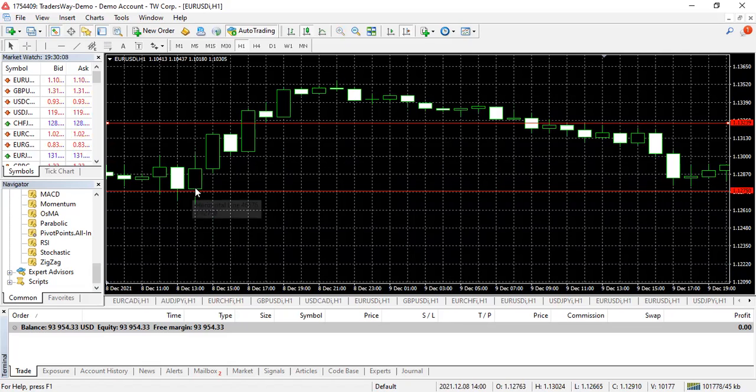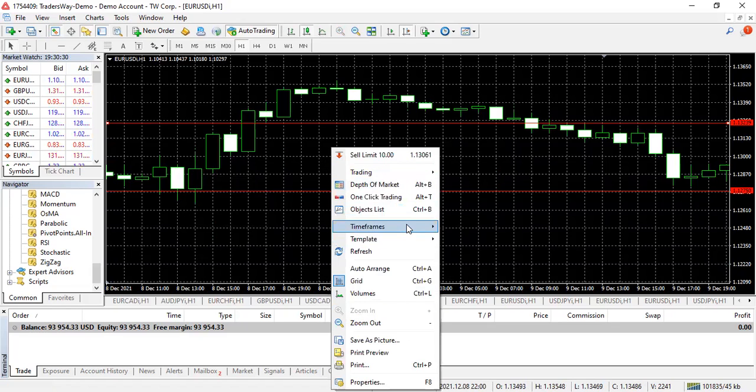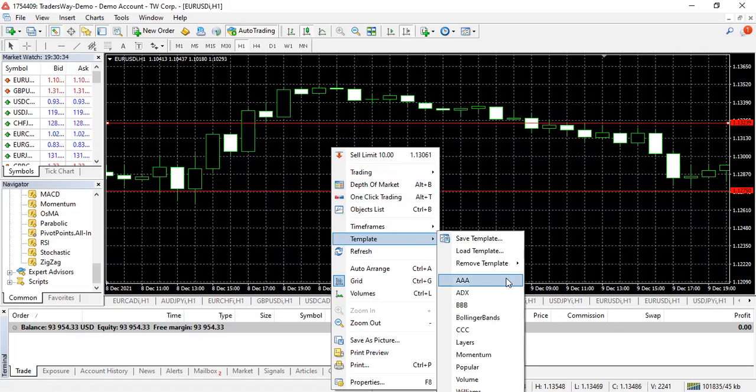This is open and this is close. And here is our body. This is a bullish candle, while this one represents a bearish candle. Let me change the formats so we can see it clearly.